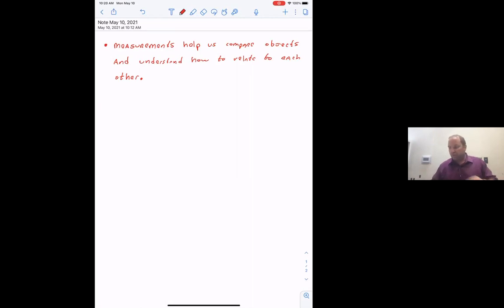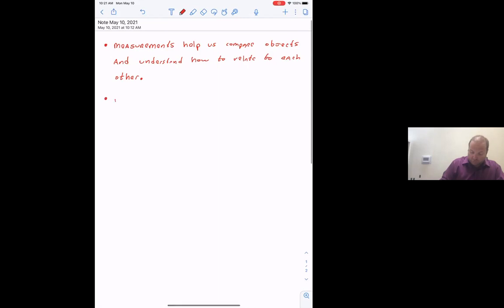If I say, oh, this object is pretty heavy, this object is somewhat heavy, well, which one is heavier? Well, we have to measure both of them and then decide based upon our measurements which one is more massive, which one has the greater pull of gravity and therefore is heavier. So measurements allow us to compare objects and then relate them to each other.